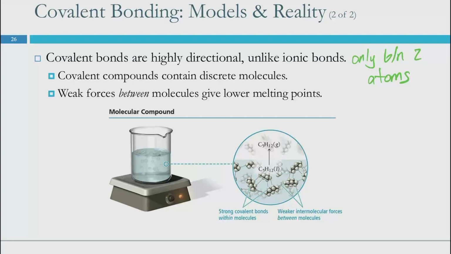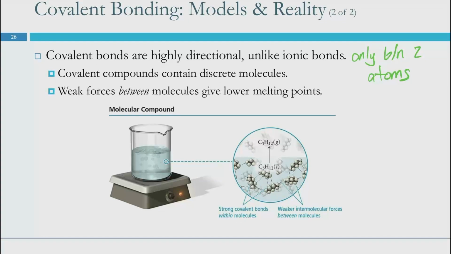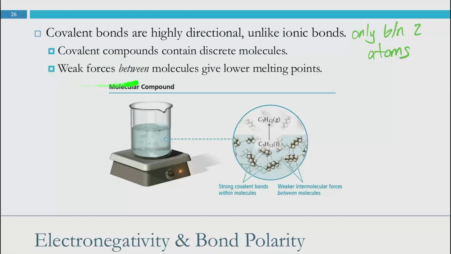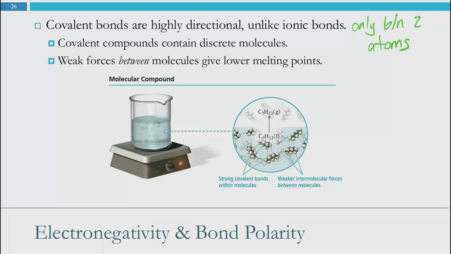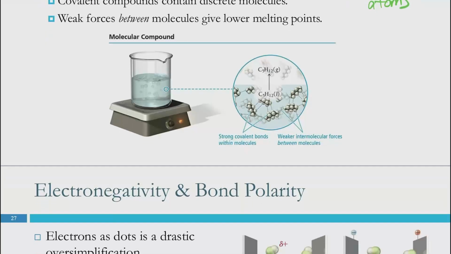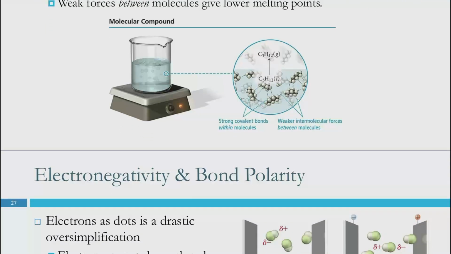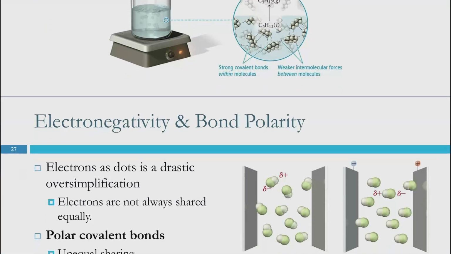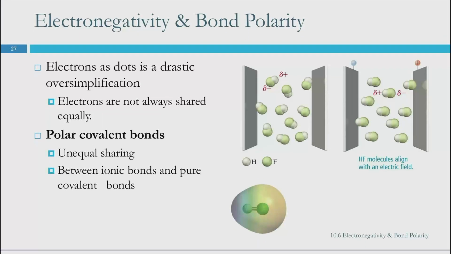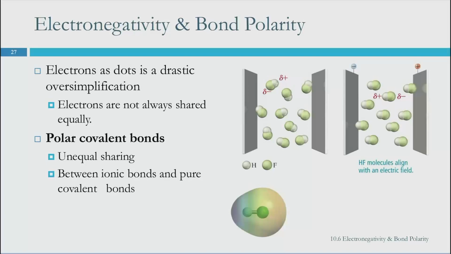They're just between two things, unlike ionic bonds, where you've got alternating positive and negatively charged ions. And then the weak forces between the molecules means that we tend to have lower melting points for these. So a lot of things that have covalent bonds, especially if they're smaller, have relatively low melting points and are often liquids at room temperature, if not gases.